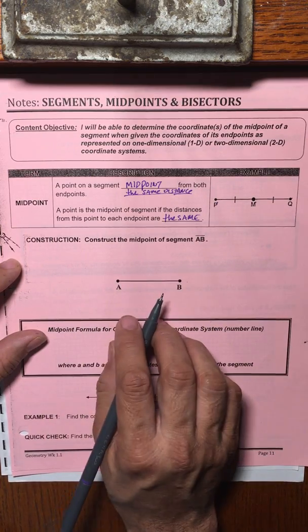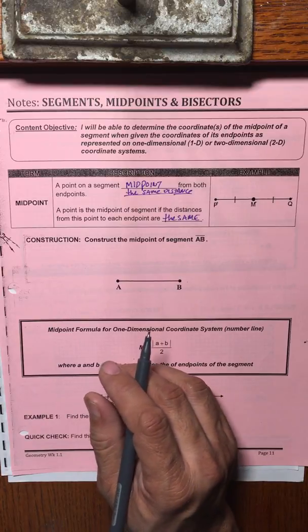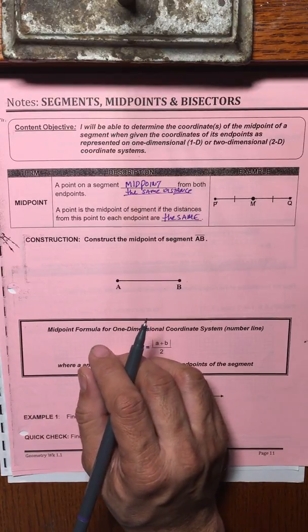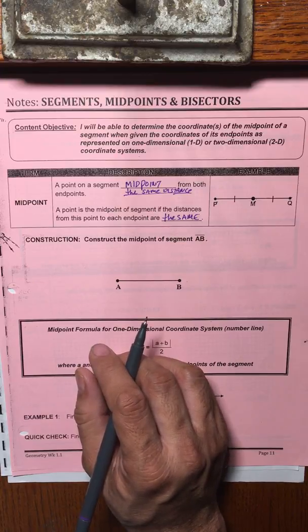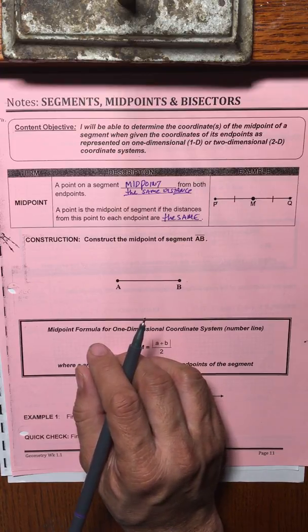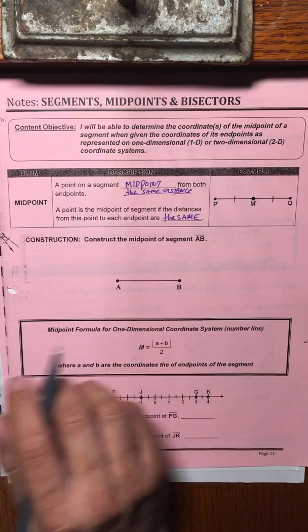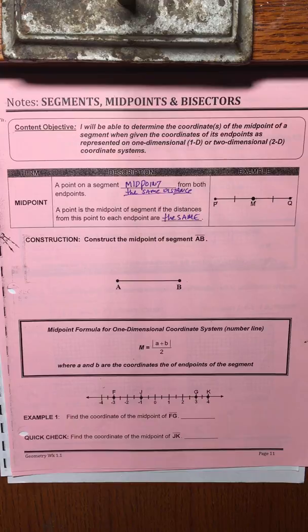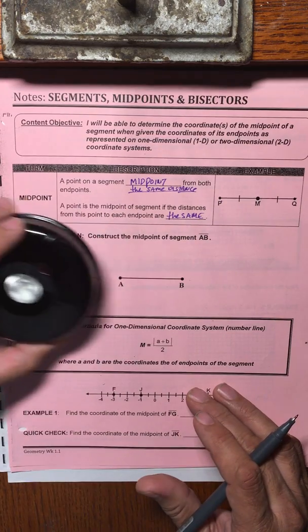Constructed. To get a midpoint, we need a circle or a compass. Here's my circle.